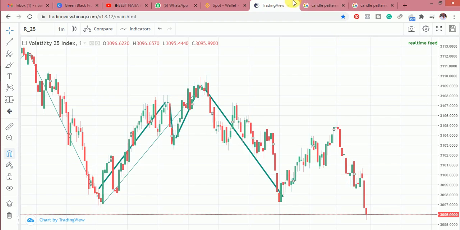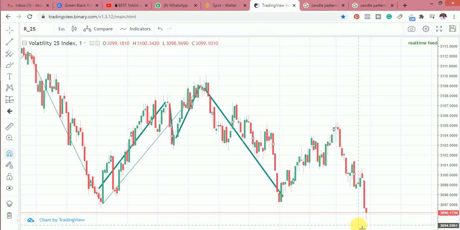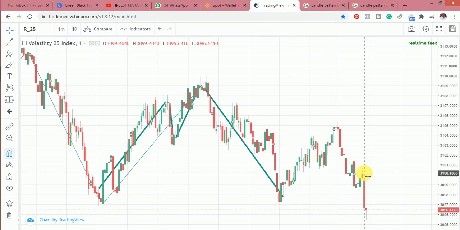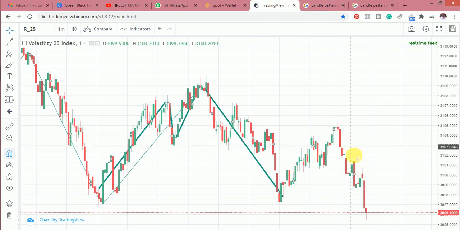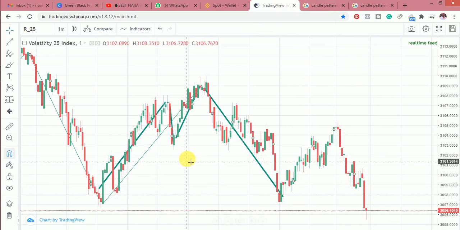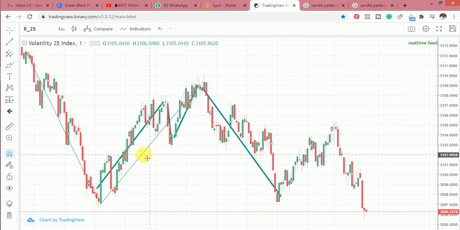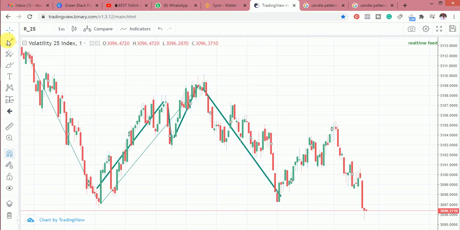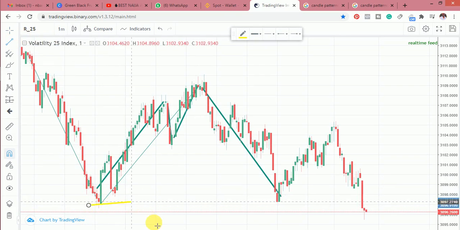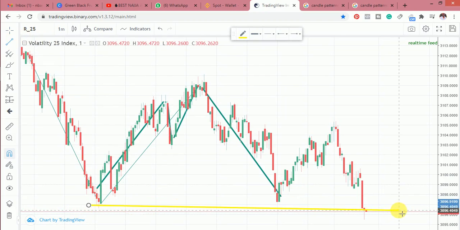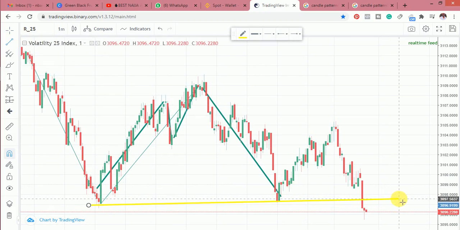If I statistically take a trade, this started forming from here all the way down here. If there is supposed to be any reversal, or let's say this strategy has now ended, because look at this. If you check the distance between here and here, let's connect these two points here.